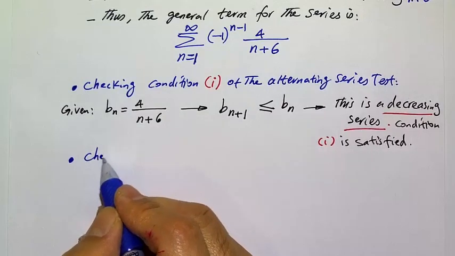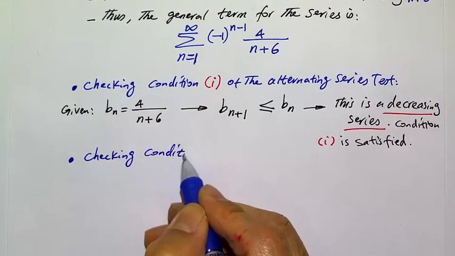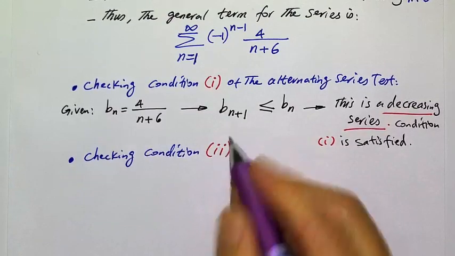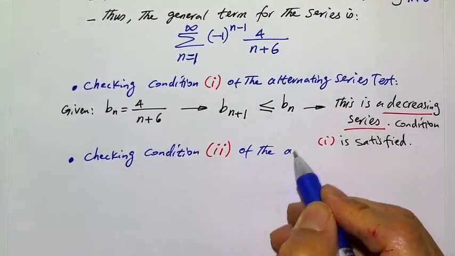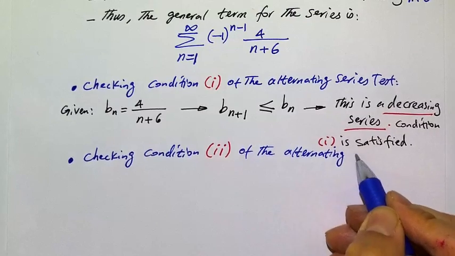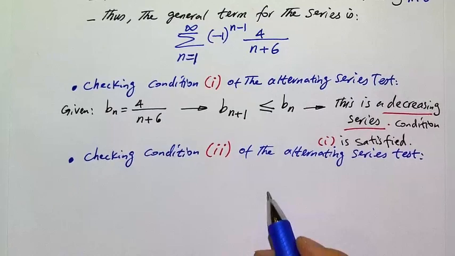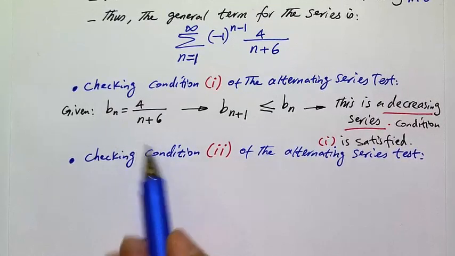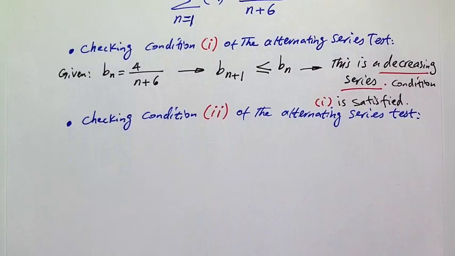So checking condition 2 of the alternating series test. That's when we take the limit of this, and if it's equal to 0, then condition 2 is satisfied. So let's do that.